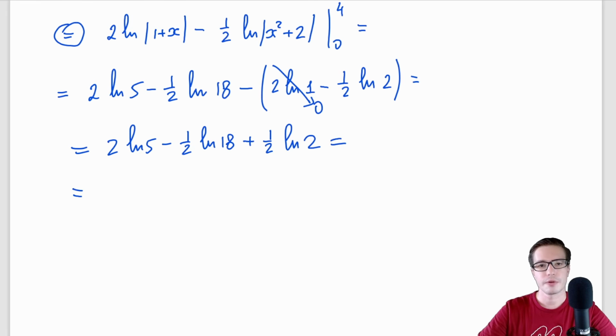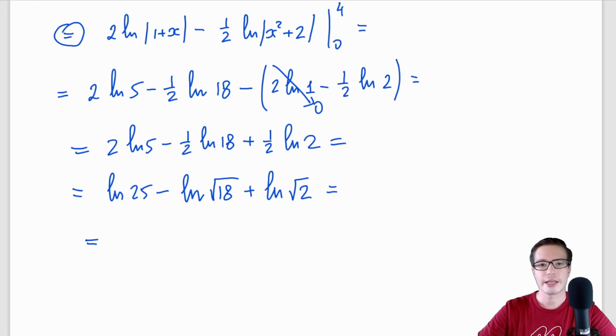And I will have to use a couple of laws of logs. So bring the number in front of the log into the power. So 5 squared is 25 minus log 18, and then the power of 1 over 2 will be a square root. And the same stuff here.